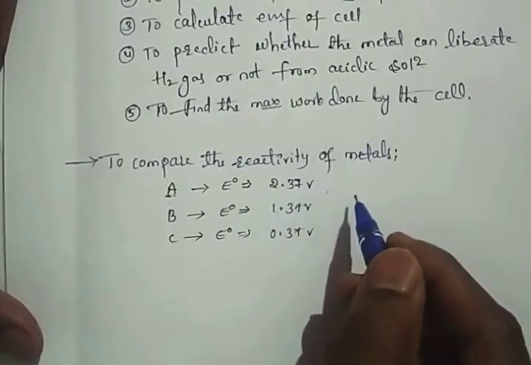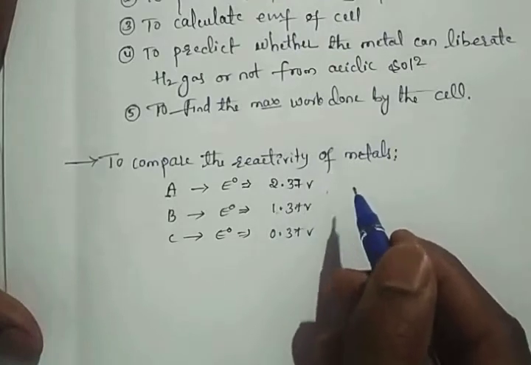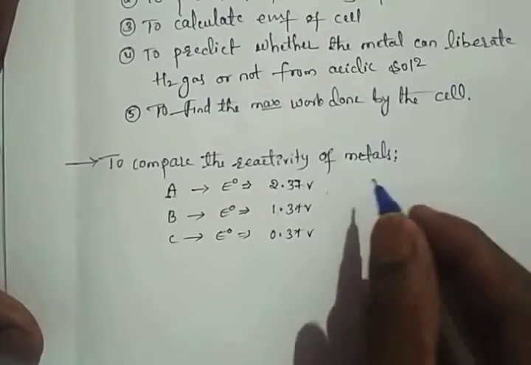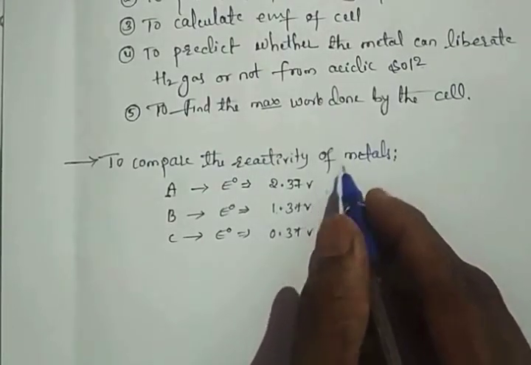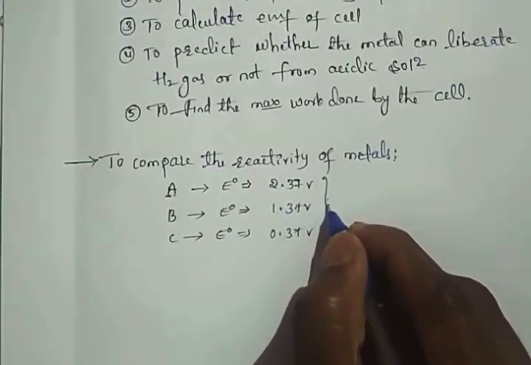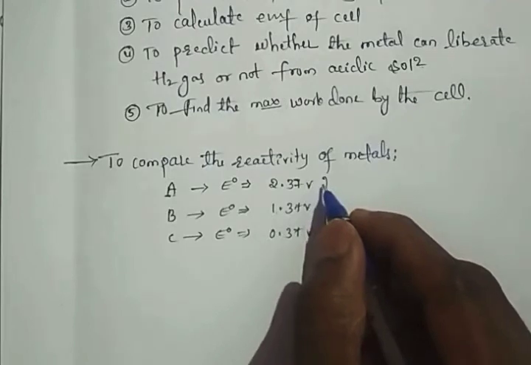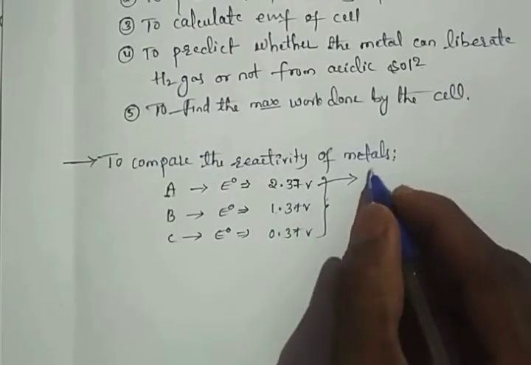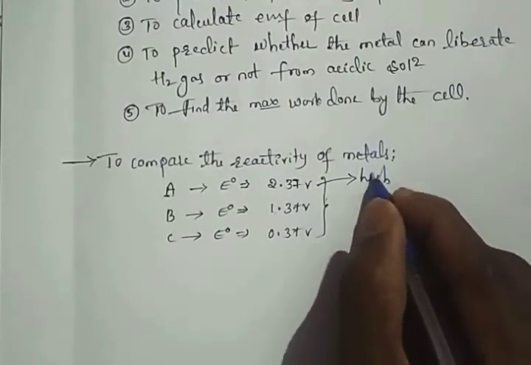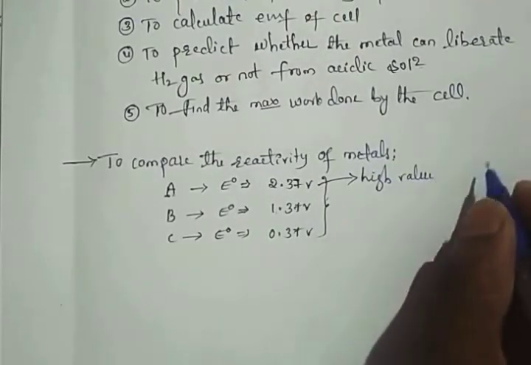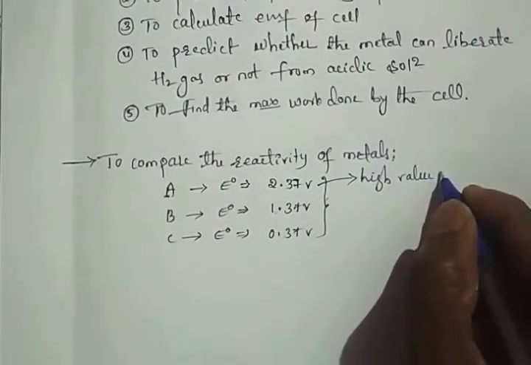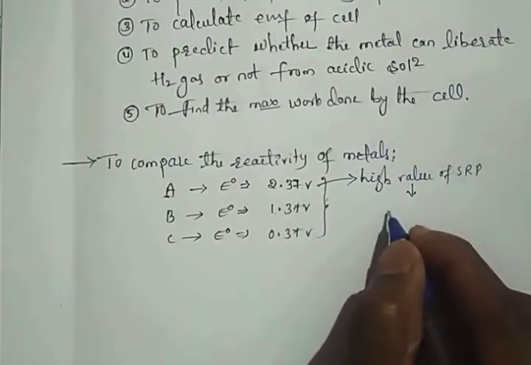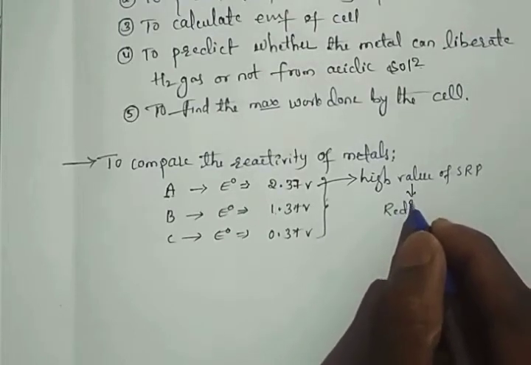To predict the reactivity, which one is an oxidizing agent and which is a reducing agent: the electrode with the higher SRP value undergoes reduction.